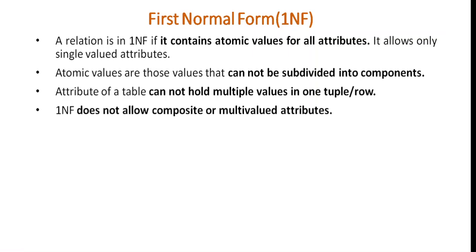Also, first normal form does not allow composite attributes or multi-valued attributes. We already know about composite and multi-valued attributes. Composite attributes are those attributes that are not atomic, that is, they can be subdivided into components. And multi-valued attributes are those attributes which have multiple values for a single row.